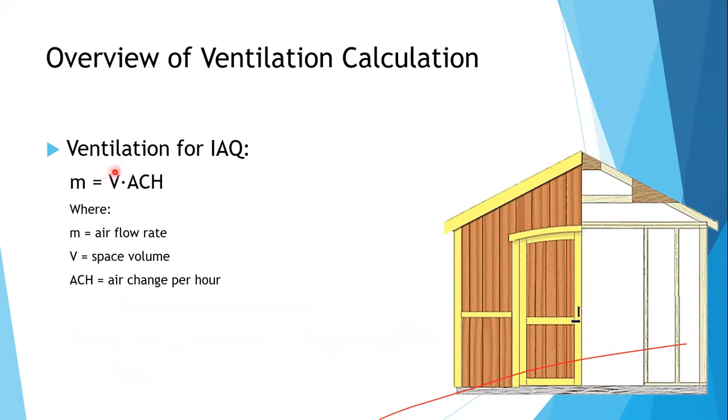What if we consider the vertical plane? Based on this equation, the amount of air needed will be based on the volume of the space times the required air change, meaning how many times its volume needs to be changed in an hour. That's why it's air change per hour.